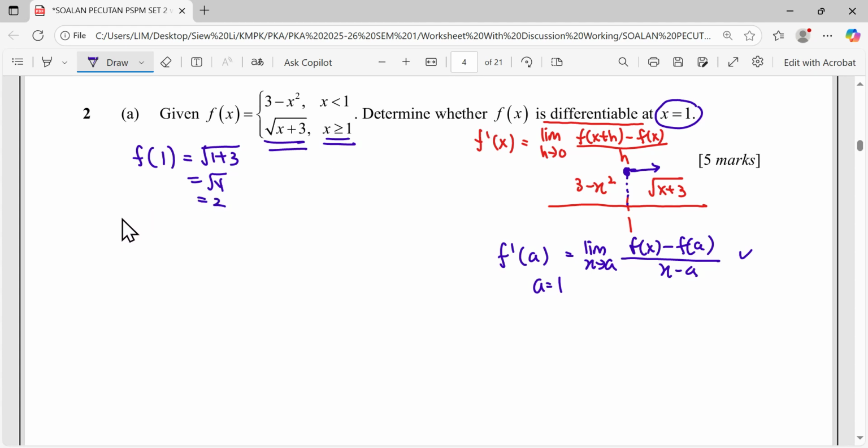Okay, then we try to differentiate at the value of 1 from the left hand side, which means the limit as x approaches 1 from the left hand side.